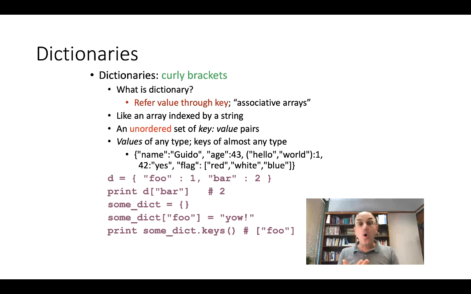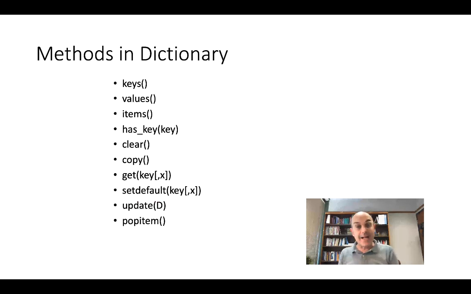So an unordered set of key value pairs, and we can have a dictionary of name and a name of the person and a name is age and hello to a world, and we can have all those types in order for us to create a dictionary. And we can ask Python to print some dictionary keys, and it will say foo because there is so much, and so this will be its answer.